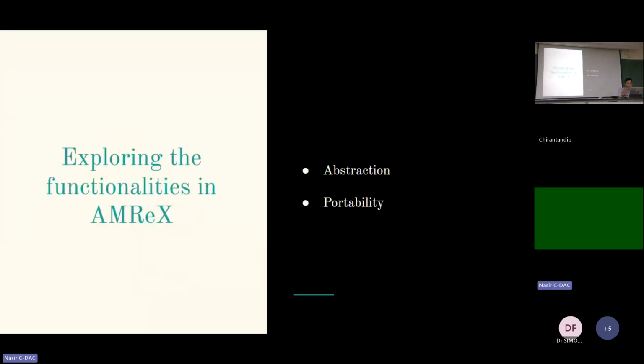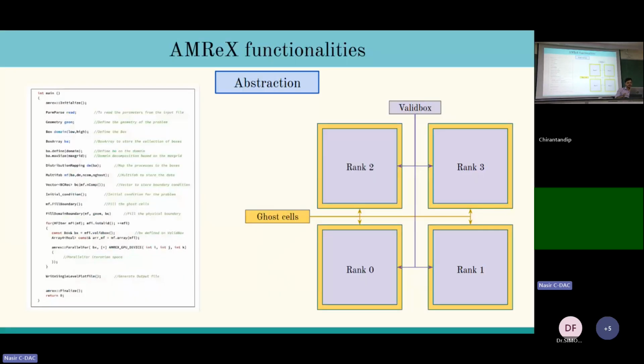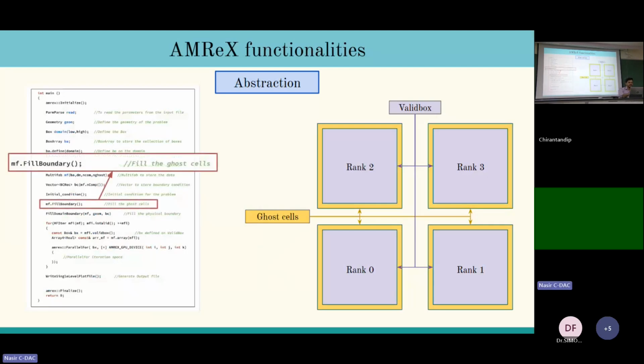We'll look at the functionalities at the center of AMReX solvers. There's abstraction and there's portability, and that's what makes your life easy. To begin with abstraction, remember that we had ghost cells and valid boxes. In the code, MF is our multifab. If I use FillBoundary, it just makes your life easy.